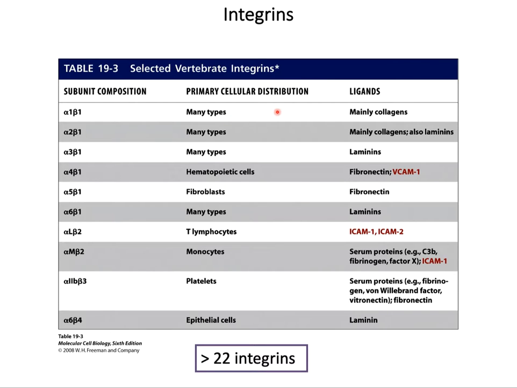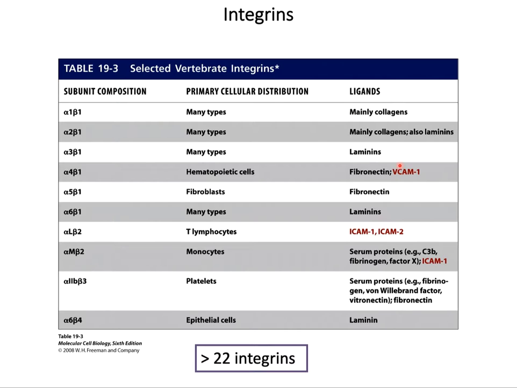In this table, you can easily see that an integrin that is made up of alpha 1 and beta 1 subunits will bind mostly to the collagen in the extracellular matrix. However, an integrin that is made up of alpha 2 and beta 1 subunits will bind mostly to collagen, but it also has the capability of binding to laminin and so on. So these are other examples of the various integrins and how the subunit composition changes the ligand that it binds.